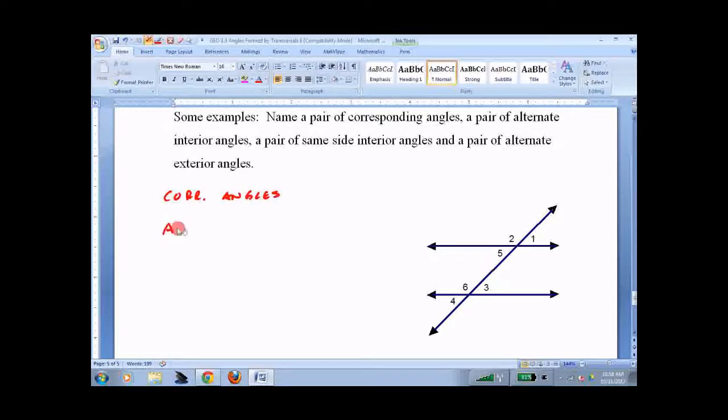I'm going to write alternate interior angles. That's an angle. It's not an L. It's an angle. Same side interior angles. And alternate exterior angles.